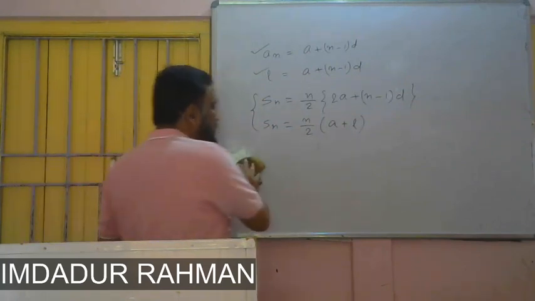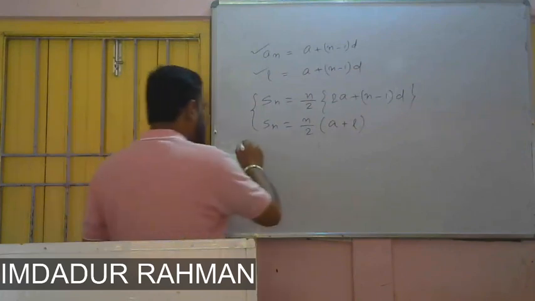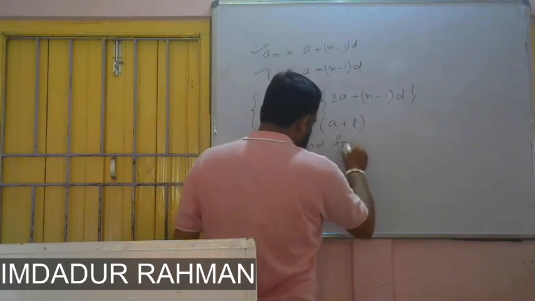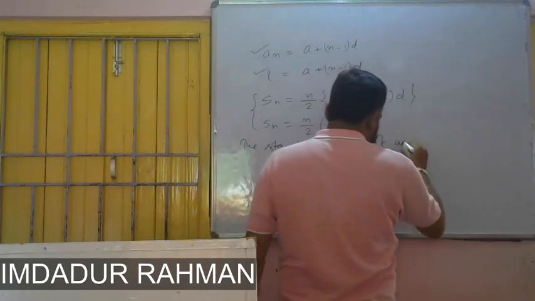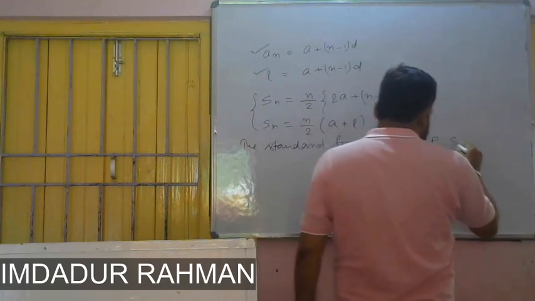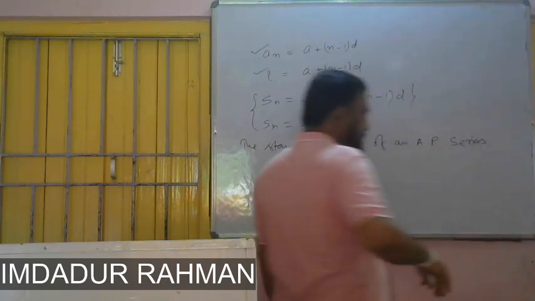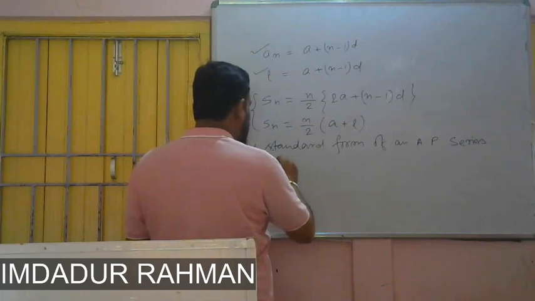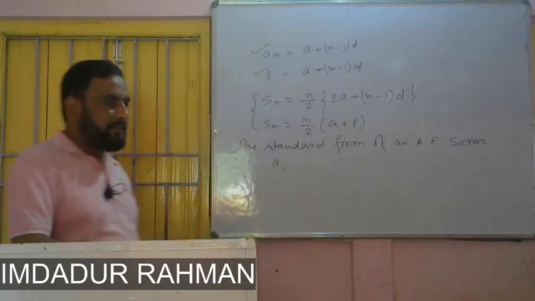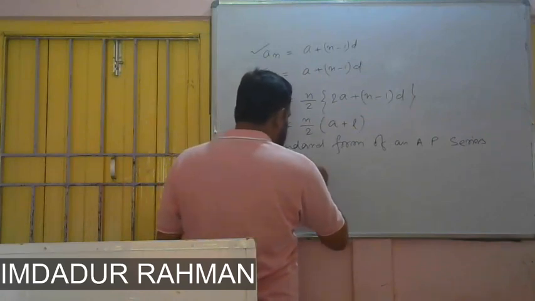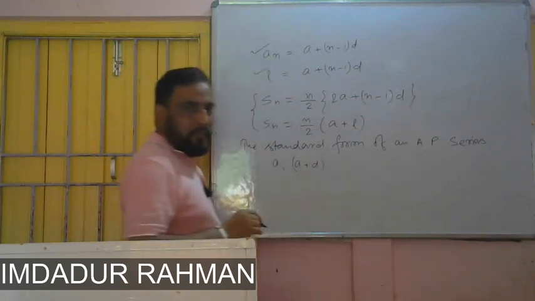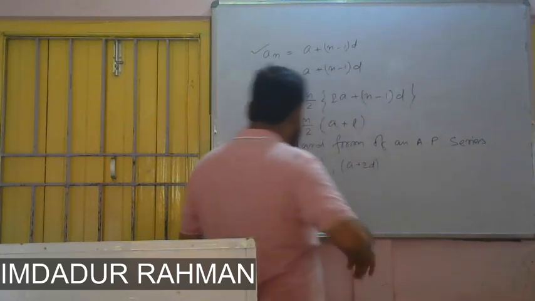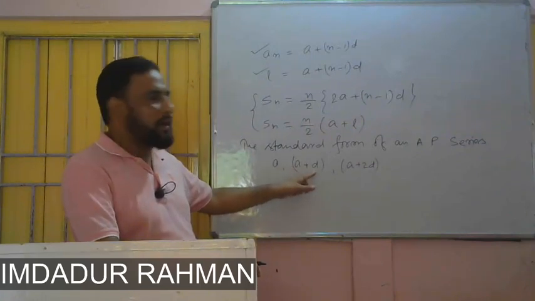Now the standard form of an AP series. You see, the standard form of an AP series is: A, the first term is A, the next term is A plus D, the third term is A plus twice D. Here A is the first term and D is the common difference.